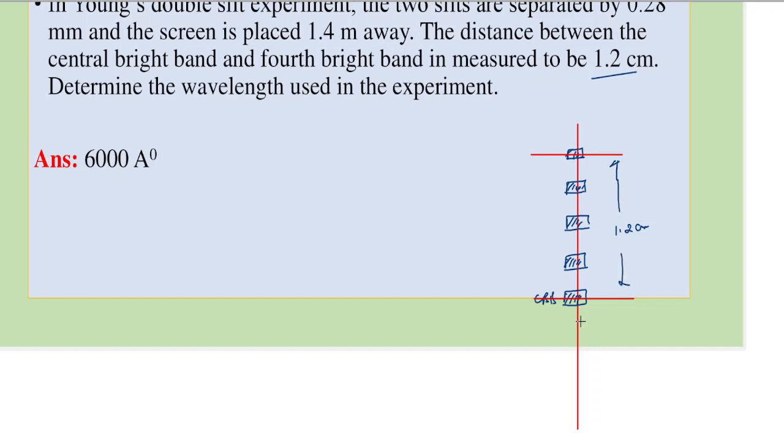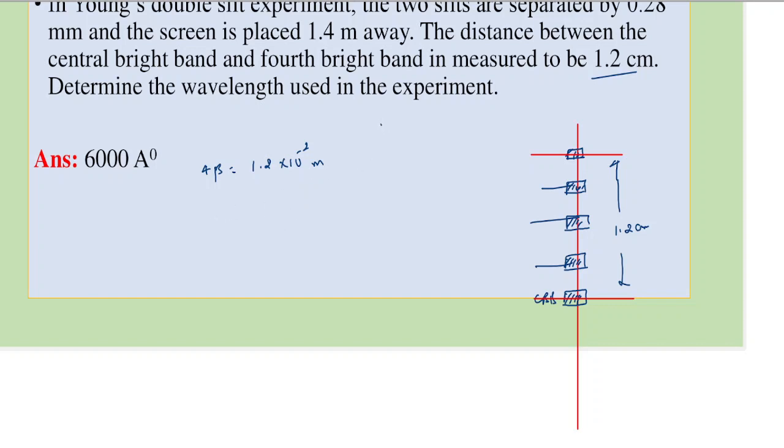But this contains within it 4 fringes, because fringe was defined as the distance between two consecutive bright or dark bands. So this is one fringe, second fringe, third and fourth fringe, which means 4 beta is equal to 1.2 into 10 power minus 2 meter.